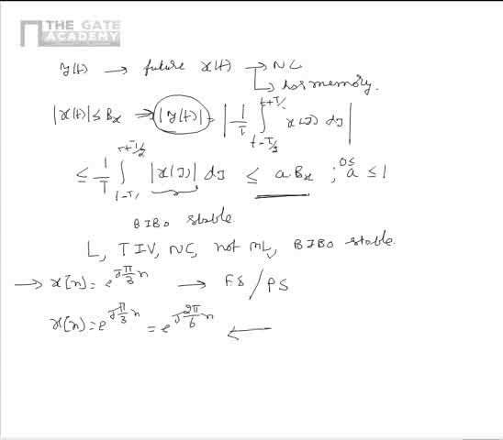From this we see that the x of n is periodic with a period of n is equal to 6. As the signal is periodic, we see that the signal is power signal and it is not energy signal. So the given signal x of n is equal to e power j pi by 3n is power signal but not energy signal.